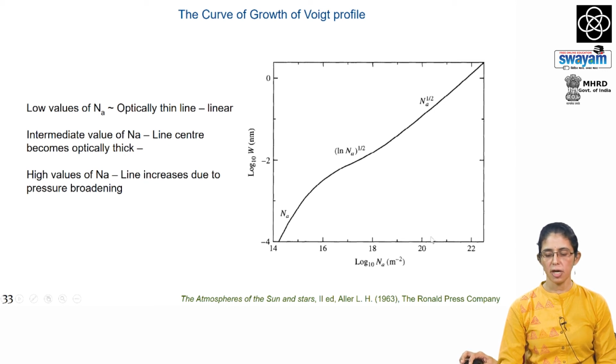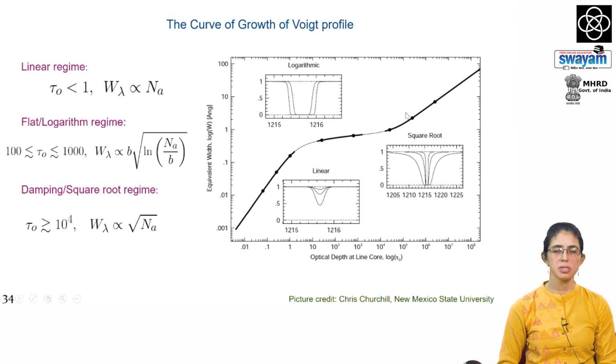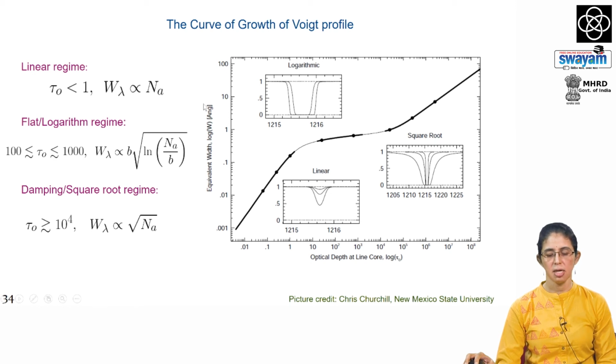And for the higher values of abundance, one sees that the equivalent width is now related to the square root of abundance. This is also shown from this curve where the equivalent width is plotted as a function of the optical depth. When the line is optically thin, then the equivalent width is directly proportional to the abundance.